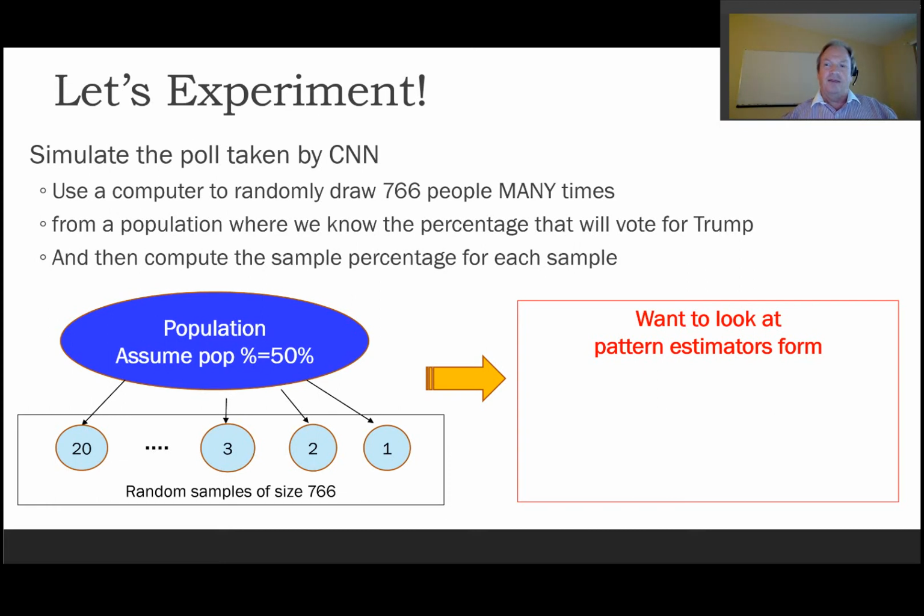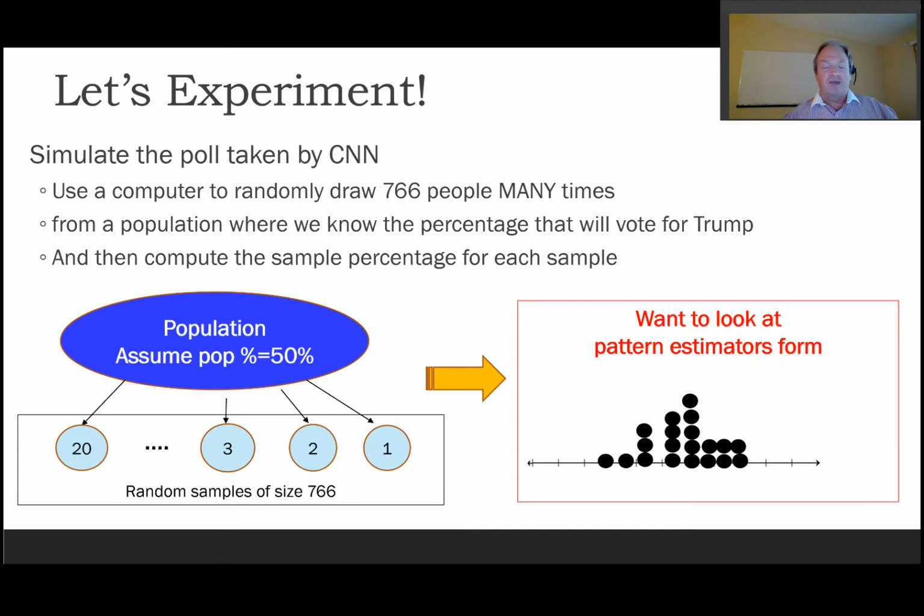Remember we said in the previous module, I think it was back in module 3, that the distribution of variables formed patterns. We're going to see that the estimators also form a pattern, and we're going to see why that's important. But for right now, let's just worry about getting it.